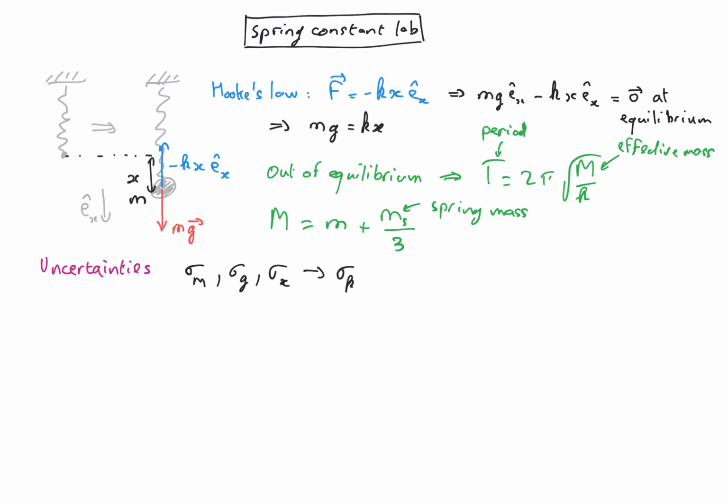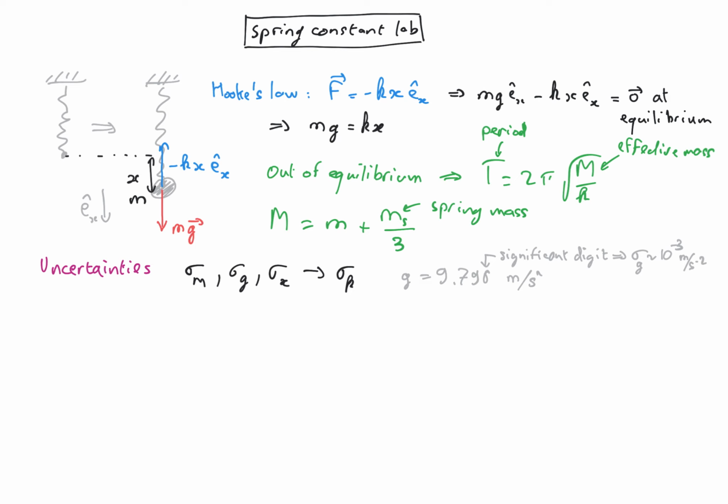And of course, some of the uncertainties will be large and some can be very small. For instance, we know relatively well what is the value of the gravitational constant g in Canberra, and its associated uncertainty could be relatively small compared to the others and then could be negligible. However, whenever you neglect an uncertainty, you have to explicitly explain why it is the case and justify this assumption in your analysis.